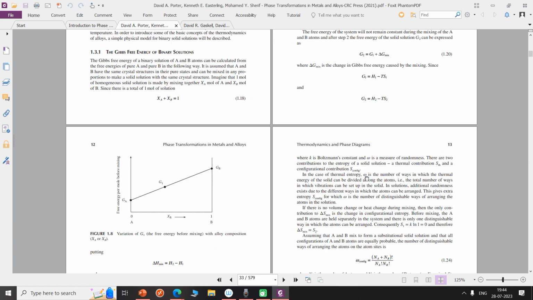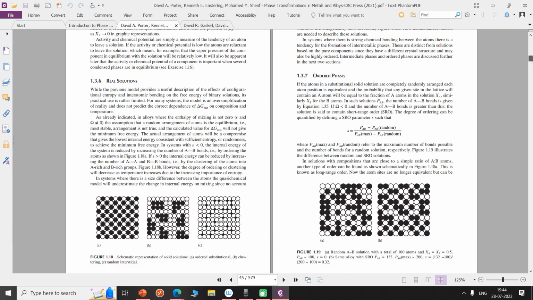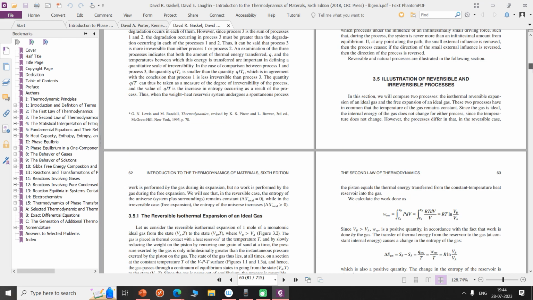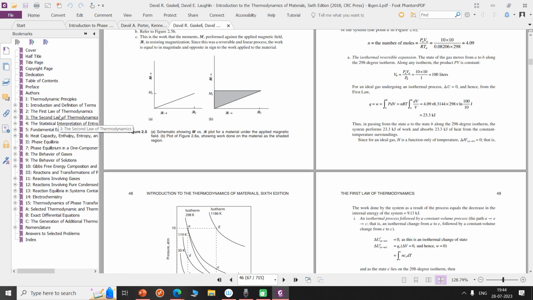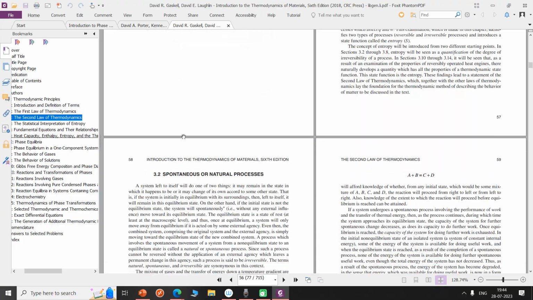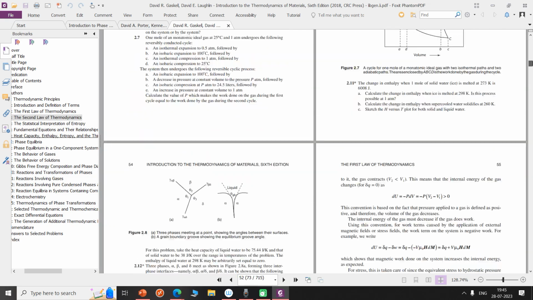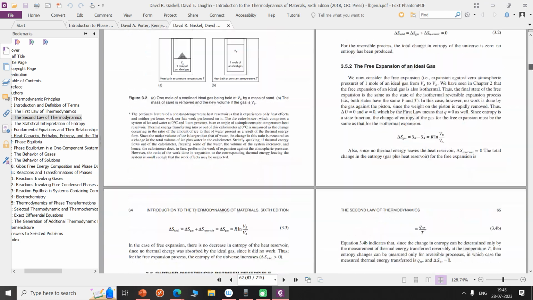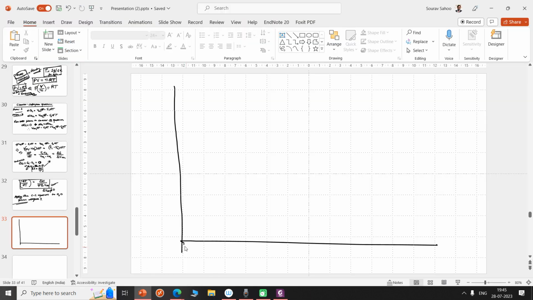Maybe there will be a cleaner version. I guess we'll look at this. So this is how it looks like.